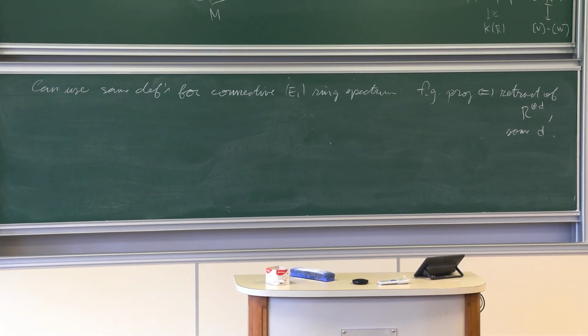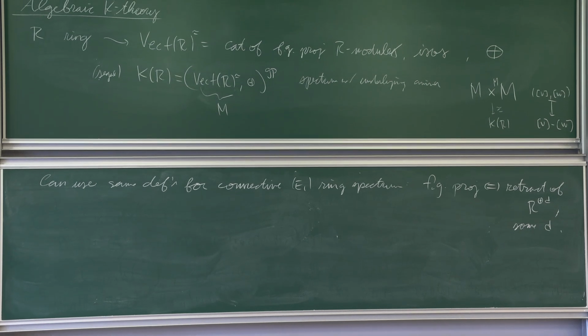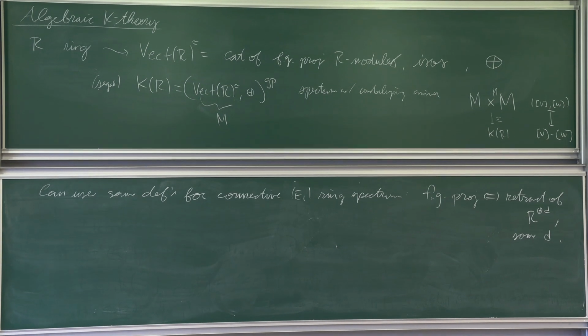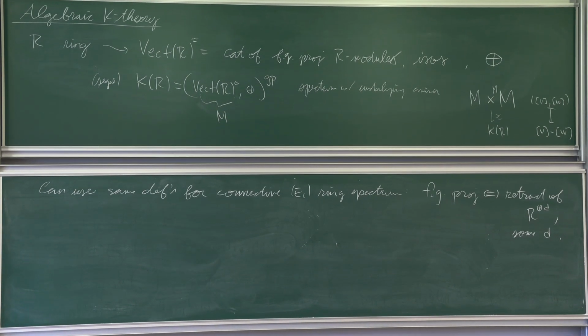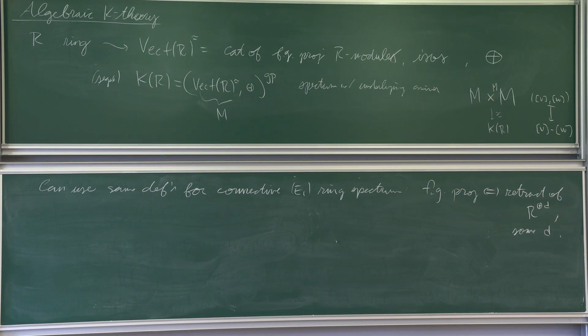So the only difference will be that it won't be a one-groupoid anymore. It'll be maybe an infinity groupoid if the ring spectrum has higher homotopy groups, but the formalism still works just fine.